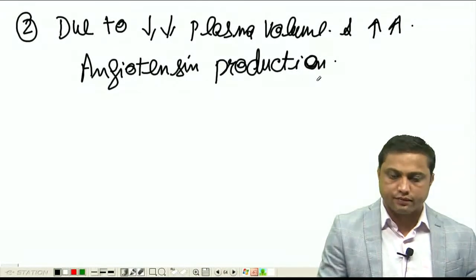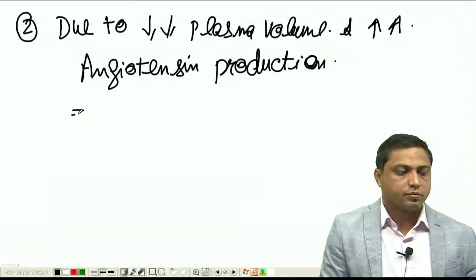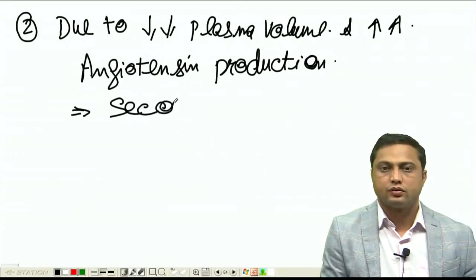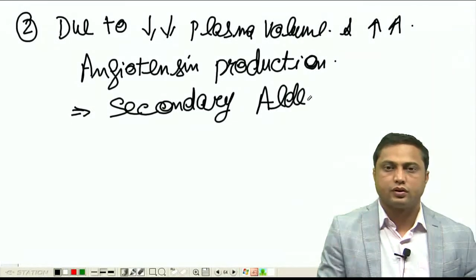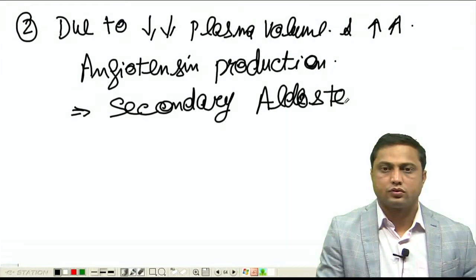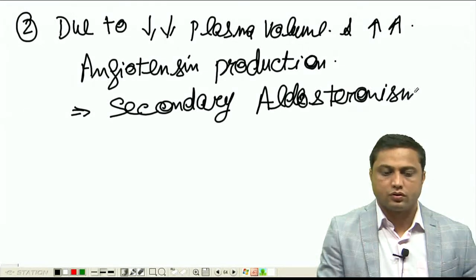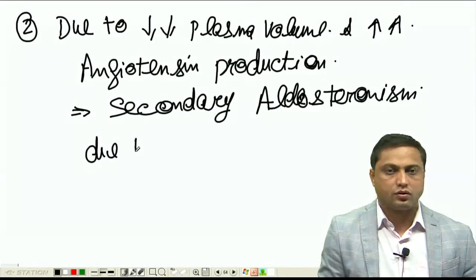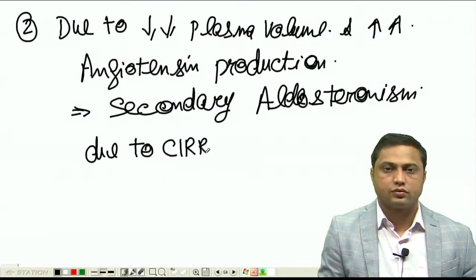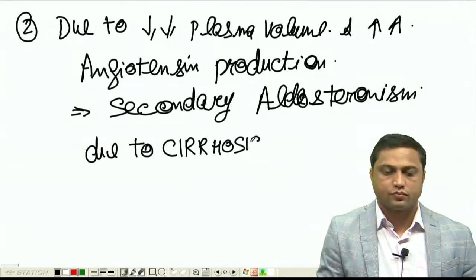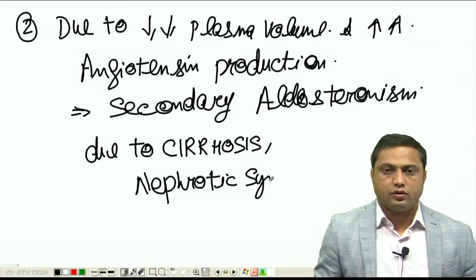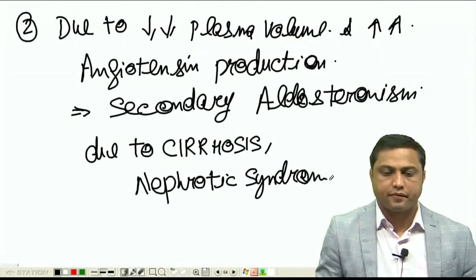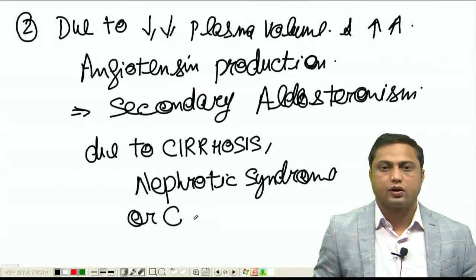Or the patient can have secondary aldosteronism due to cirrhosis, nephrotic syndrome, or cardiac failure.